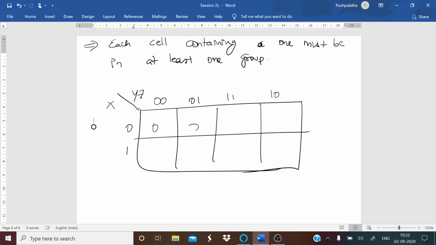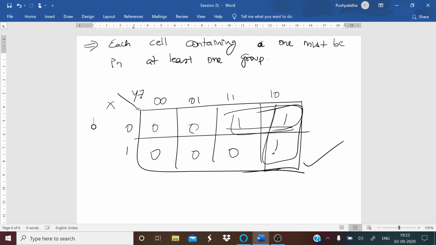If you have 0 0 1 1 1 0 0 0, then this is a group of two ones, one of the groups. But whereas this one is there, we cannot leave it, so we can group it together. So we can put a group. Okay, these two will make one group and these two will make another group. Okay, this is the rule. At least one group should be there. Now let us continue in the next session.